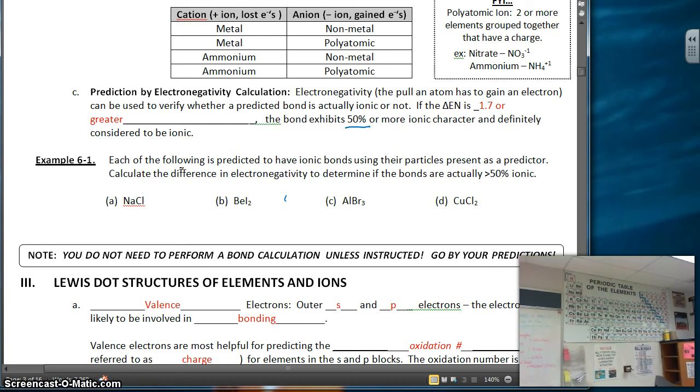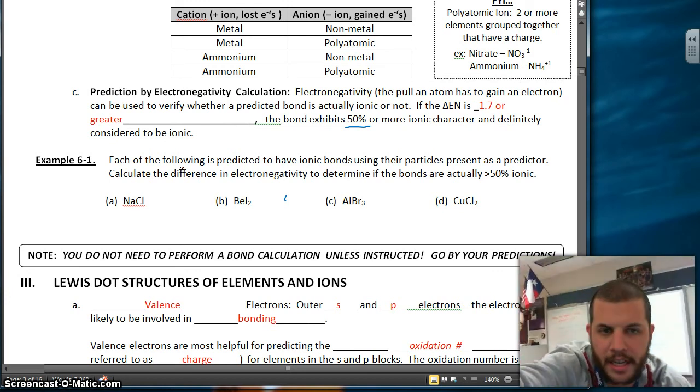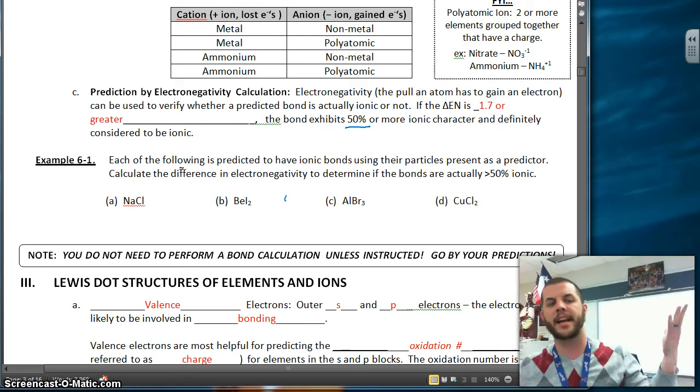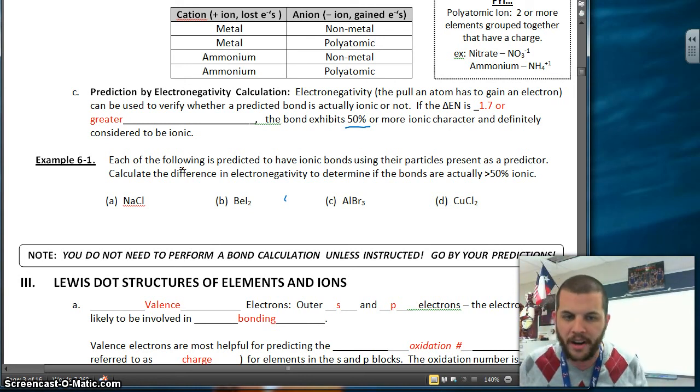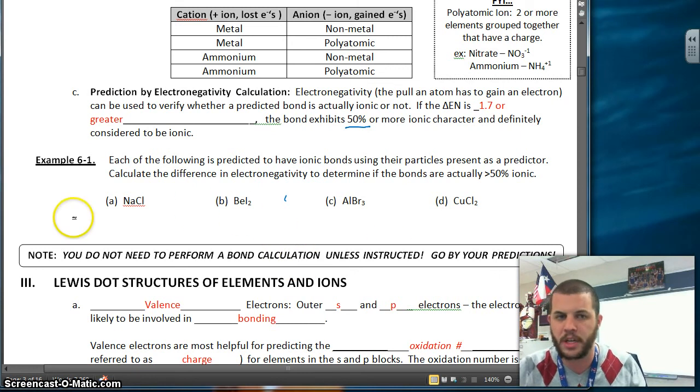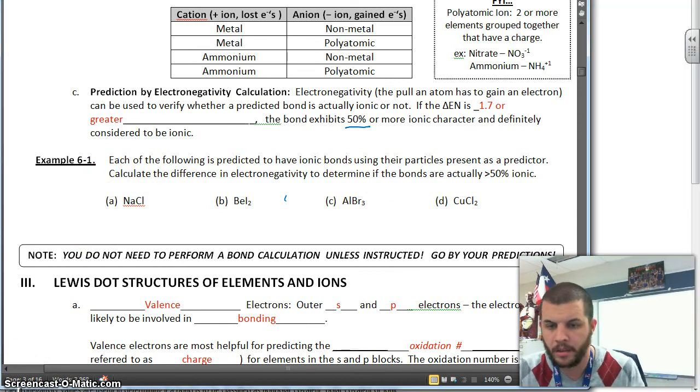Anything on the left-hand side of the stair-step line plus anything on the right-hand side of the stair-step line is going to give us an ionic compound. But if we want to be for real about it, then we would do the delta EN. On a test or quiz, you're only going to calculate the delta EN if I ask you to. So let's take a look at a periodic table that has electronegativity values on it.